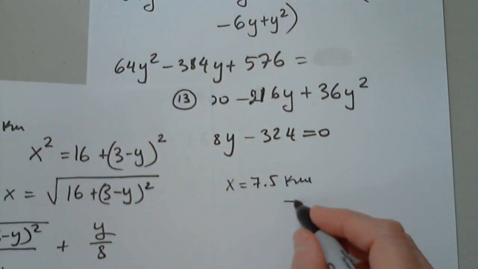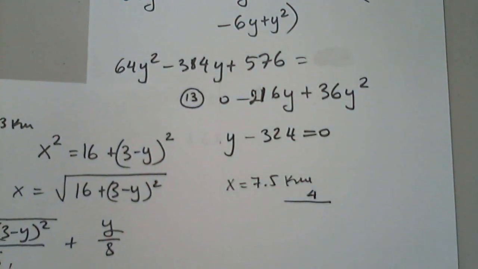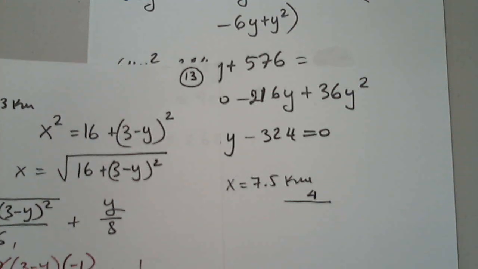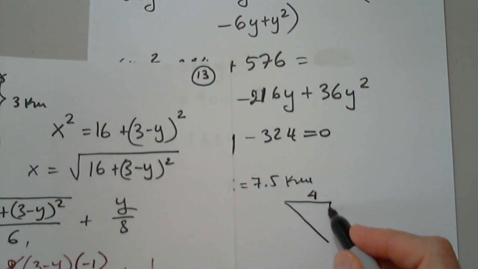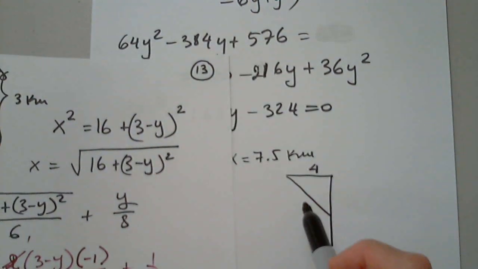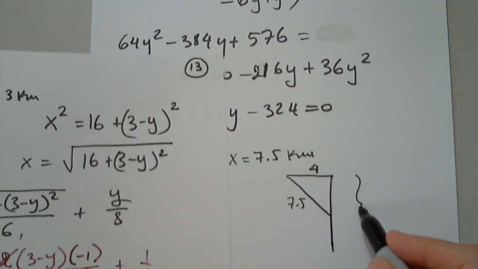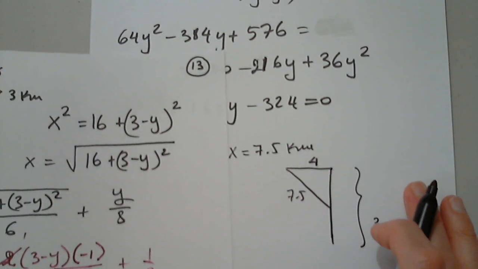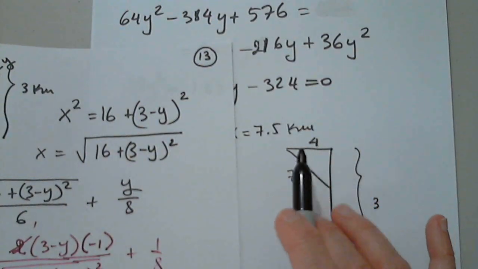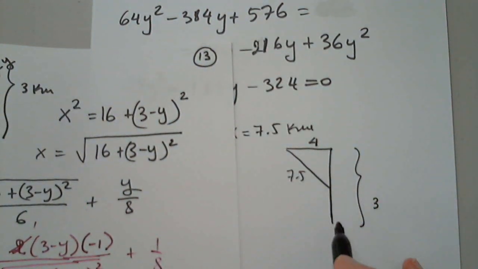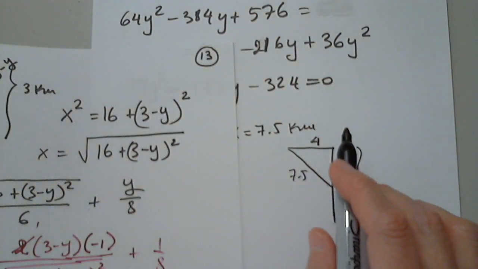So what I got was that this is 4. So this was 4 kilometers, yes, it was 4. So I got that this is 7.5, this is 3. I just want to see if it makes any sense.